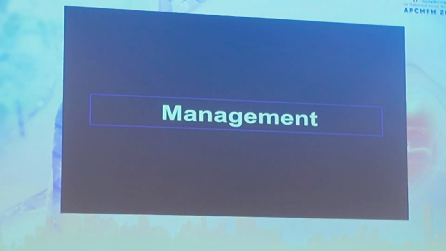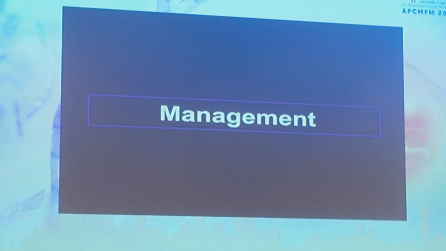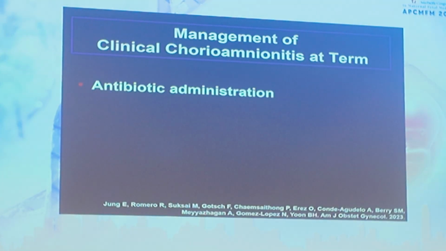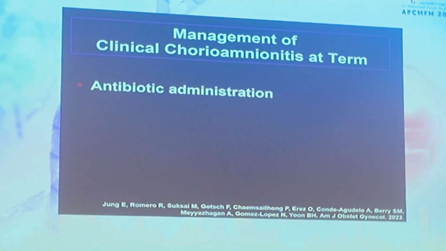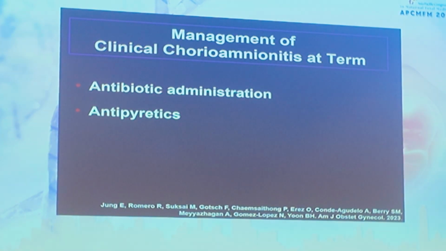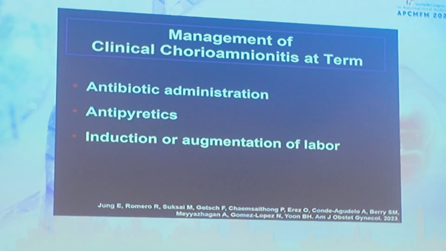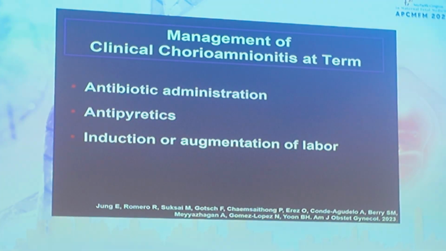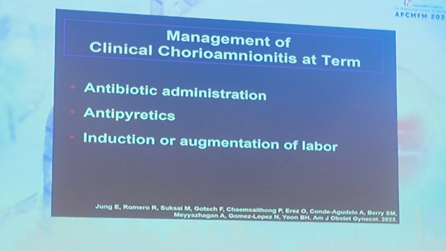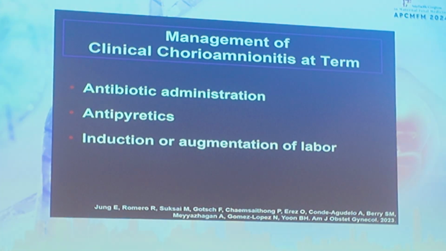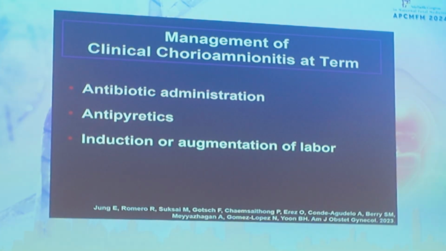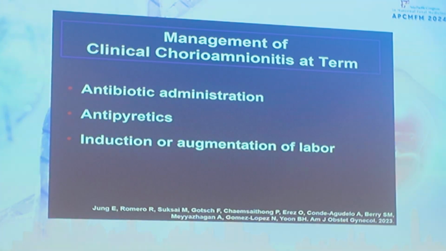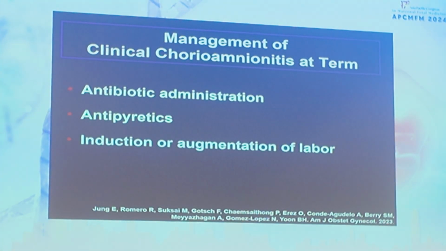The management of clinical chorioamnionitis is straightforward. First is antibiotic administration. Second, we need to consider antipyretics, and then the induction or augmentation of labor, the latter to address the problem of uterine hypodynamia or decreased uterine contractility.